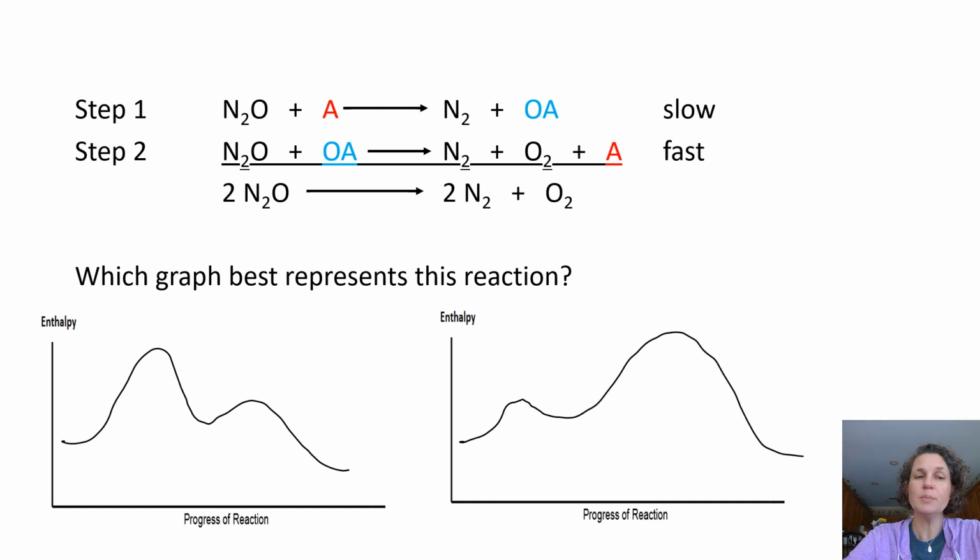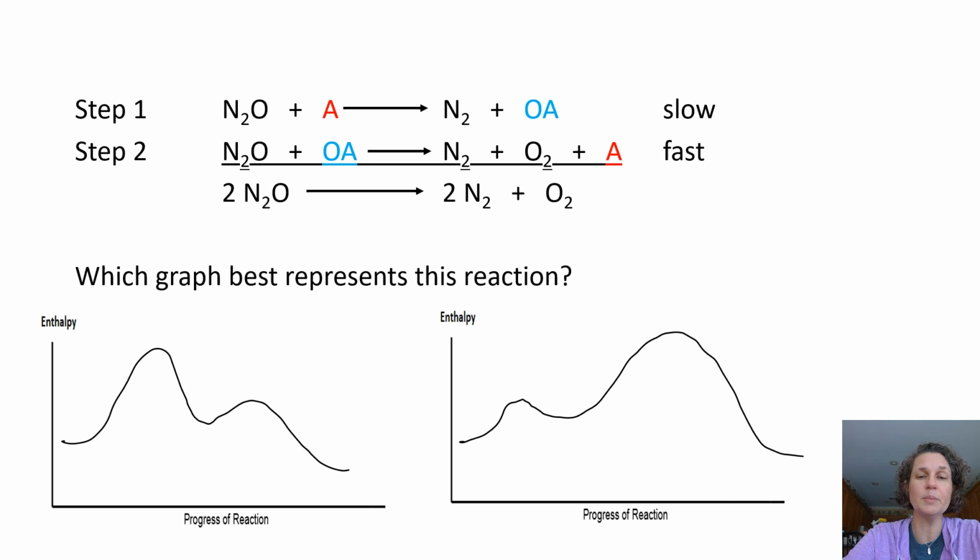If you have a reaction mechanism, for each step that you have, you will basically have a hill that you have to get up, because each one has to proceed. Sometimes you'll have to identify a graph that would match up with those steps. So for our example, in step 1, you're told that it is slow.